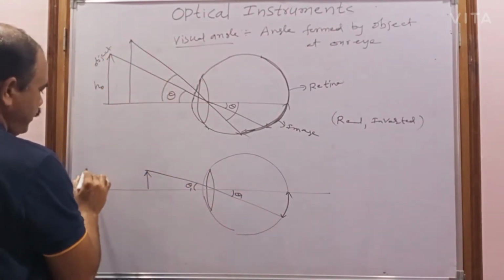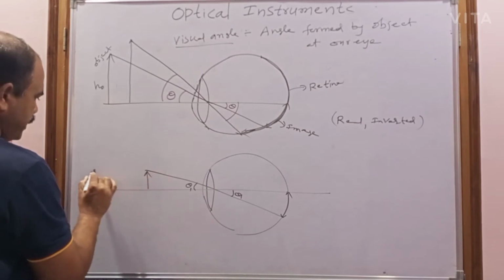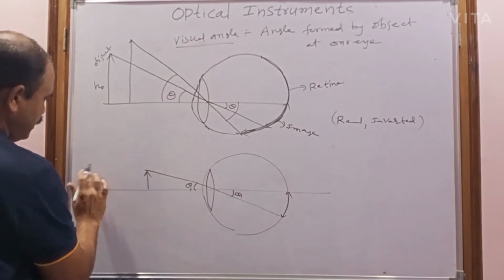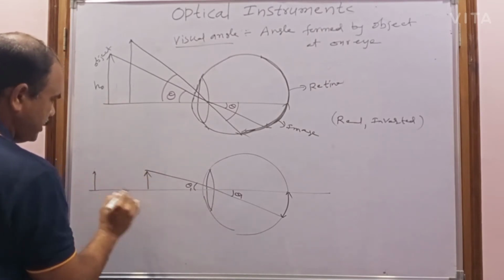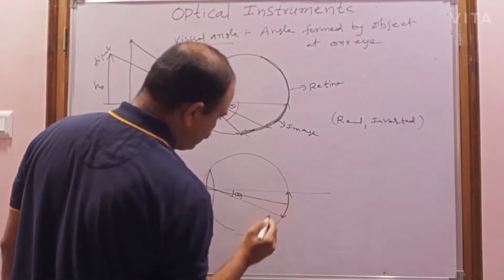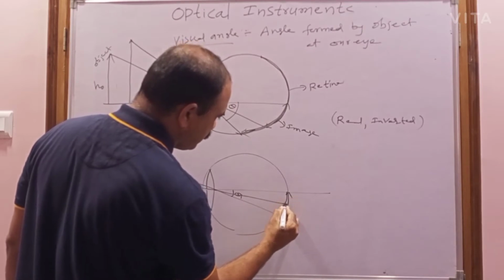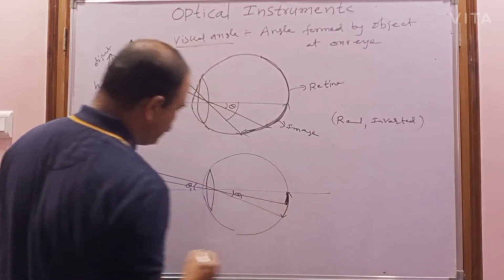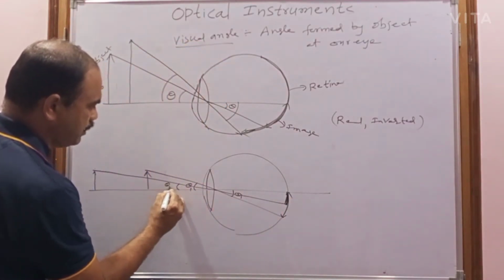Now if the same height of object is here, I am not changing the height, only the distance. Now this is the image formed, and this angle is theta 2.